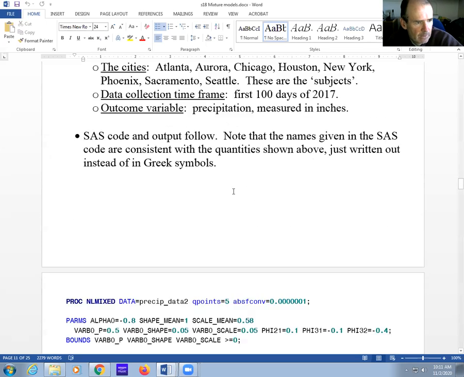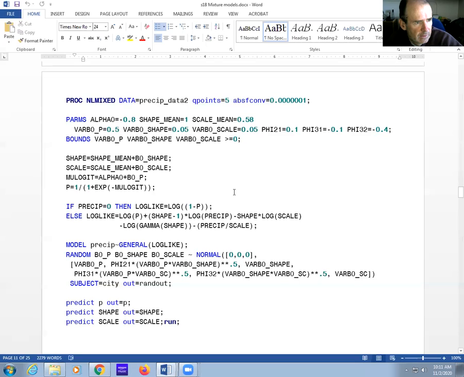So I have that data, and here is the way that we fit it. We can use PROC NLMIXED. It's a very flexible procedure that allows us to specify our own model, and you already have some experience writing code for NLMIXED. We give starting values for the parameters in the model. We define our shape and scale pieces, and we have the random deviations for those. So our three random terms are expressed there.